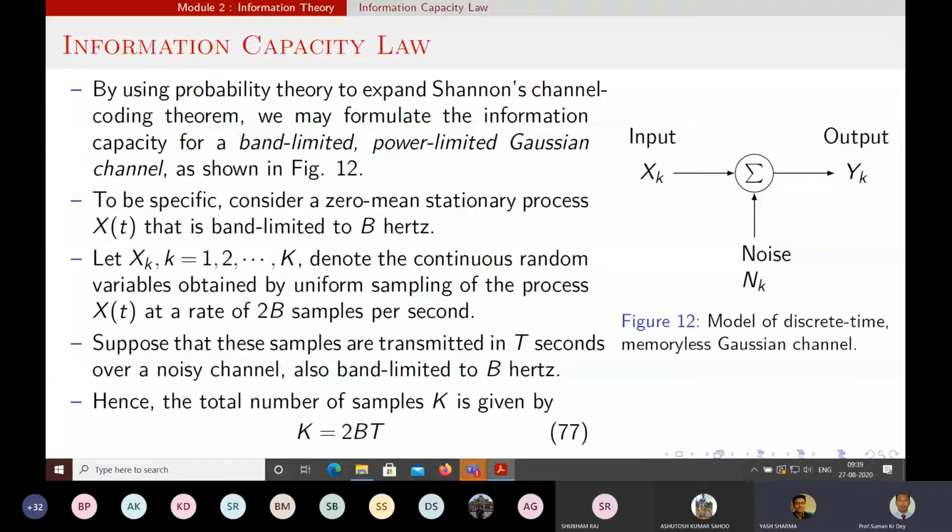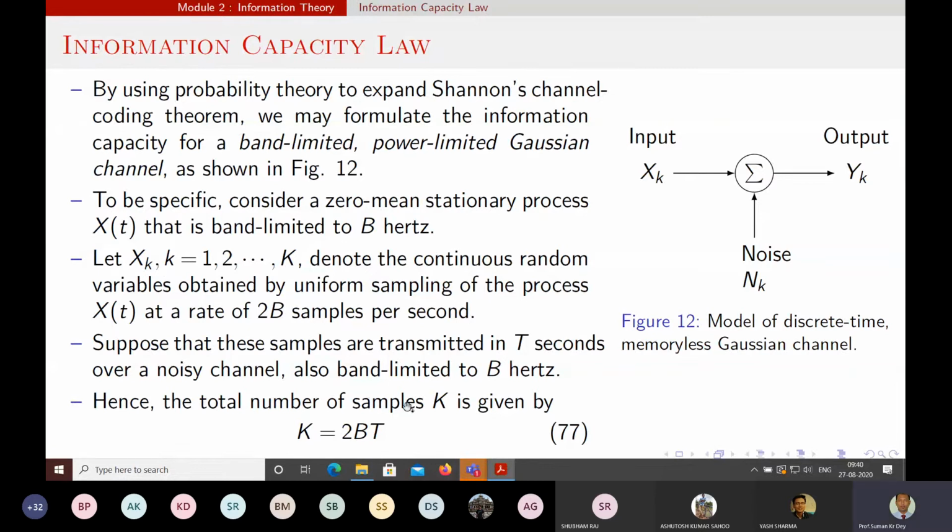The sampling rate should be double the maximum frequency available in the signal. So for a band limited signal, if the bandwidth is equal to B hertz, and B hertz is considered the maximum frequency, then the sampling rate according to the Nyquist criterion will be 2B. So now if we sample a continuous variable x of t at a rate of 2B, we get some discrete values, equal to x of k.